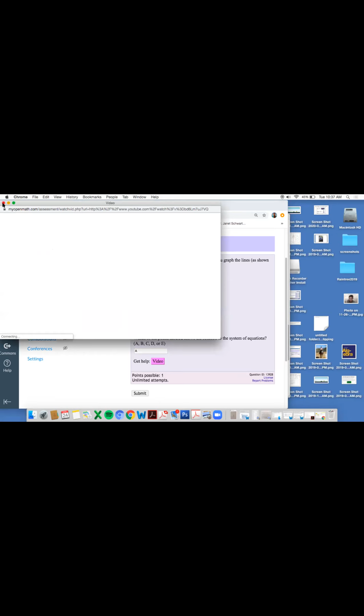A represents the solution, that coordinate point right there. You're going to type A in there and then submit. And once you get it right, it gives you a green check mark, okay?